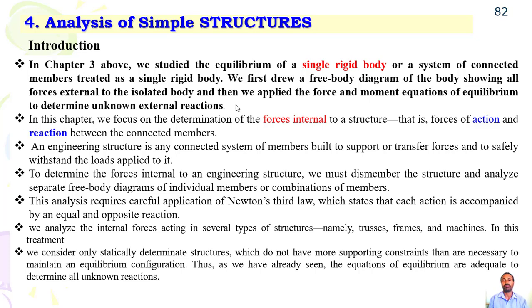Then we applied the equilibrium equations, force and moment, and determined the unknown reactions. The unknown reactions may be supported by different connections such as pin, roller, and fixed joint, and also others such as ball and socket, etc.